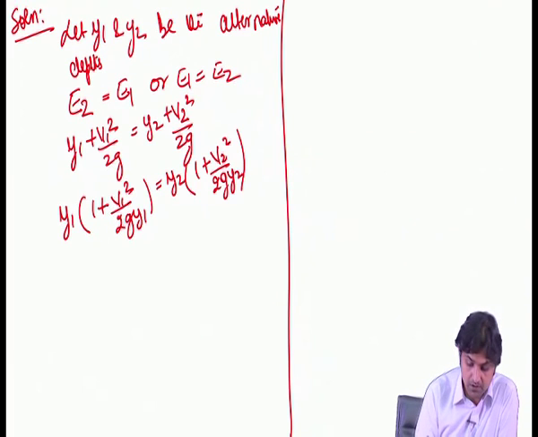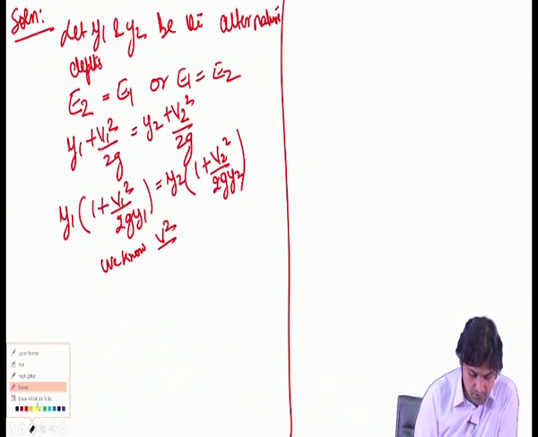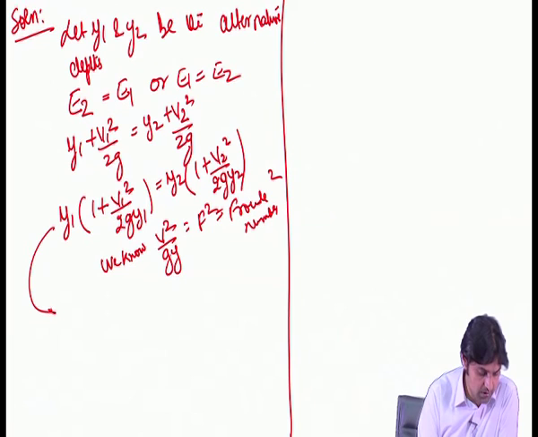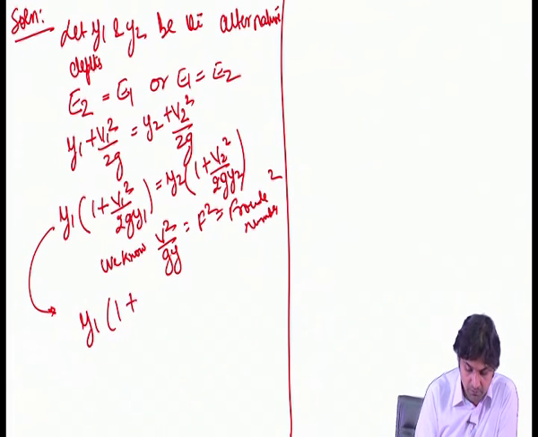And we already know v square by g y is equal to the Froude number whole square.